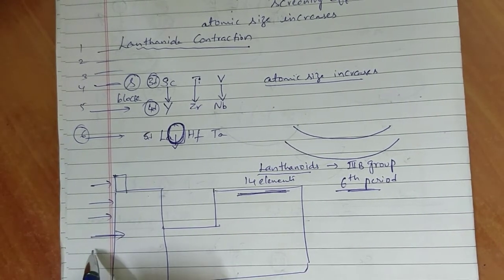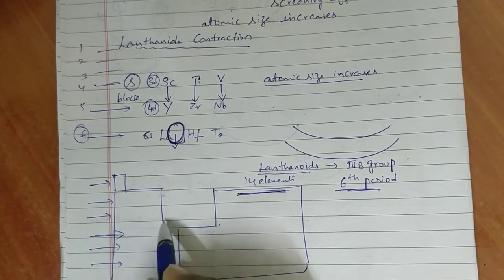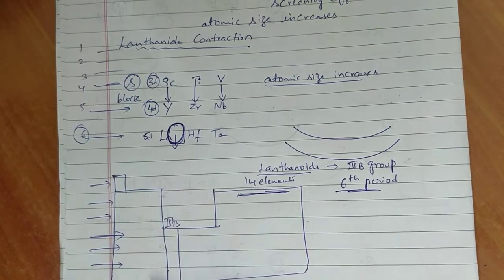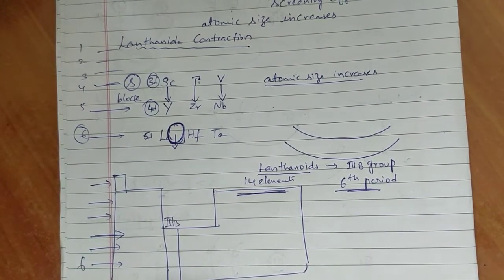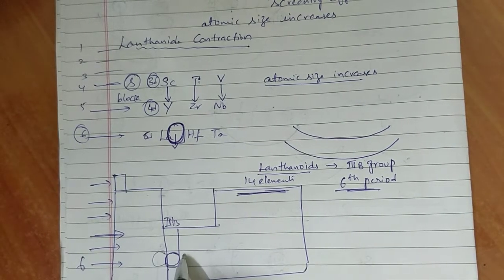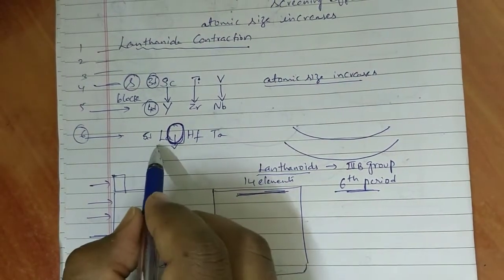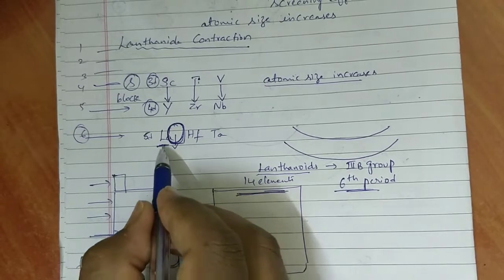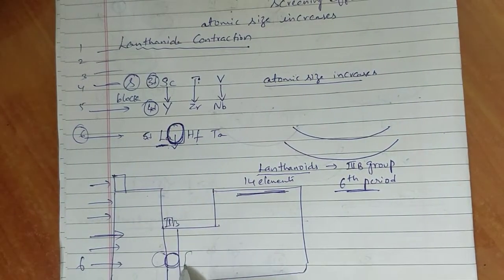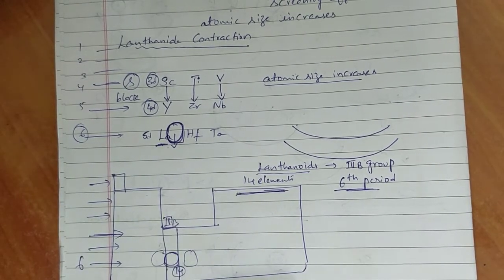Fourth, fifth, sixth. This is third B. Okay, this is sixth period. Between S block element, here lanthanum is there. That only I have shown. See, in between this lanthanum and hafnium 14 elements are there. Those 14 elements are belonging to third B group only.